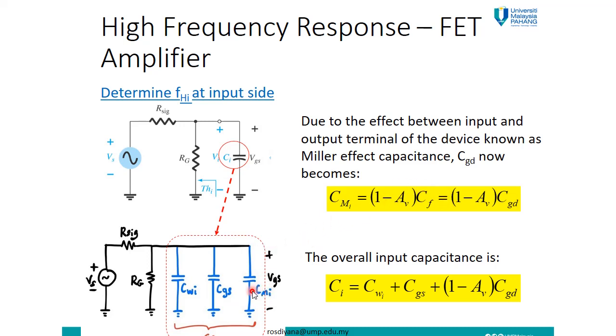The CMi for the input part is 1 minus the voltage gain, multiplied by CF. Now we know that from the original circuit, the CF is CGD. So this is the overall input capacitance: Cin equals CWin plus CGS plus CMin.